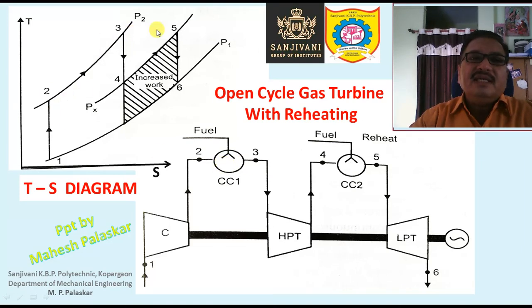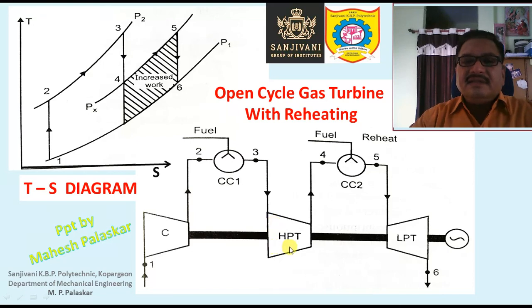So here you can see there is a rise in the temperature. So this is the first combustion chamber. In the first combustion chamber the heat is added and the temperature of the air increases during the process 2-3.